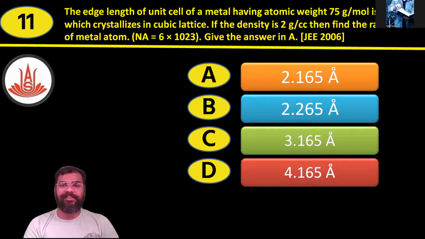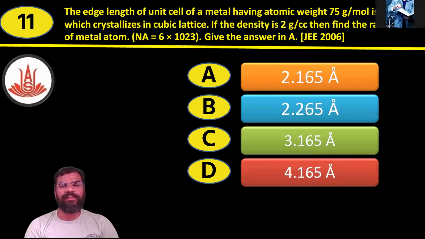of a metal having the atomic weight of 75 gram per mole is 5 angstrom, which crystallizes in a cubic lattice. If the density is 2 gram per cc, then find the radius of the metal atom. The value of NA they have given is 6 into 10 raised to 23.